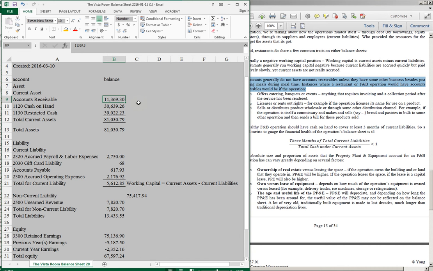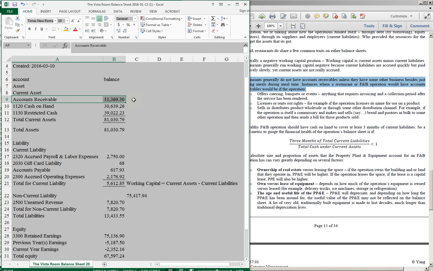There will generally be a separate line item that's like catering and banquet sales, in which case whenever you bill like the catering client or the events client, if you haven't received payment on that bill, it goes into accounts receivables, right? So the Vista Room has a lot of house accounts where people can charge to an account, and then we send an invoice, and if the invoice isn't paid, it's an accounts receivable, and we have to wait until we collect on it.